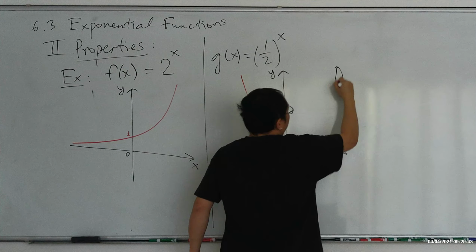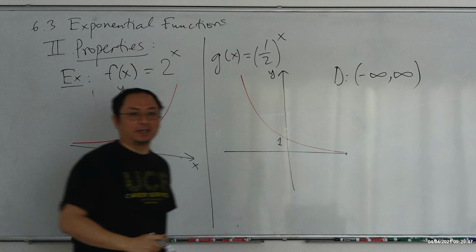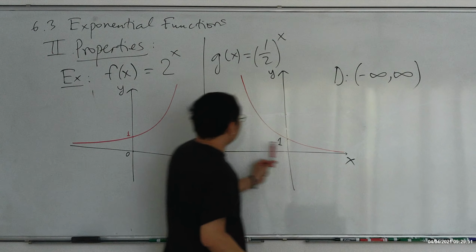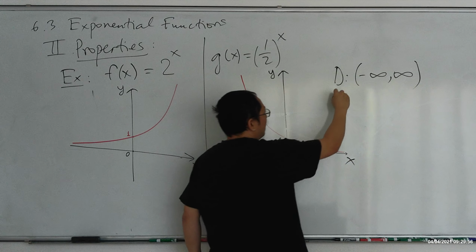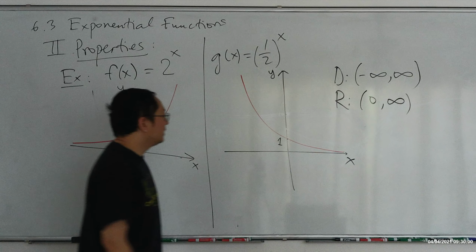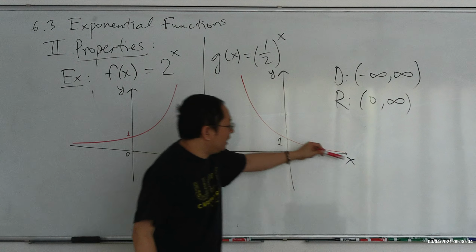The domain is still from negative infinity to positive infinity. And you trace along the x-axis, it goes all the way from negative infinity to positive infinity. Never stops. The range is still 0 to infinity. This time it's not increasing anymore. This graph is decreasing.